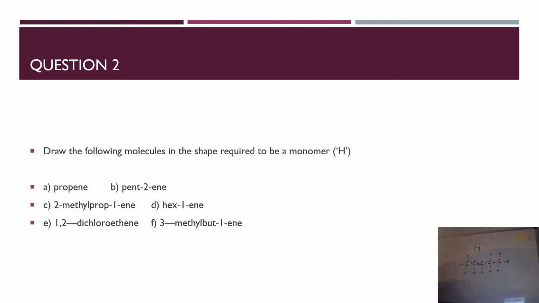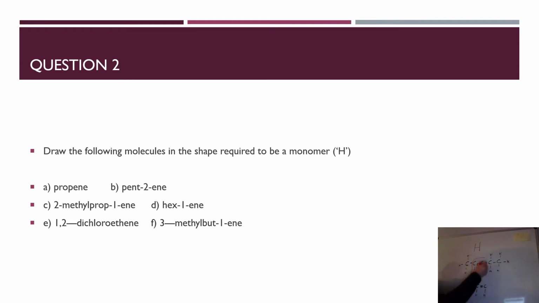Now if we are going from this one to our H shape, remember this carbon double bond to carbon double bond is this bit here. So let's start at this bit. Let's draw in our C double bond C, so we've got that bit. Let's put in our 2 hydrogens, so we've got the bottom bit of our H, and we just need the top bit of our H. I'll highlight what we've already put in.